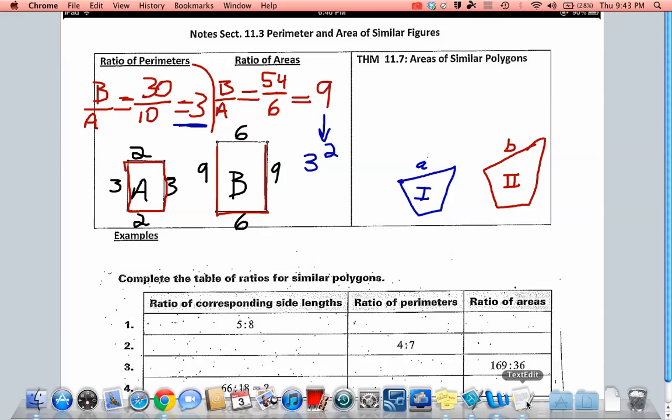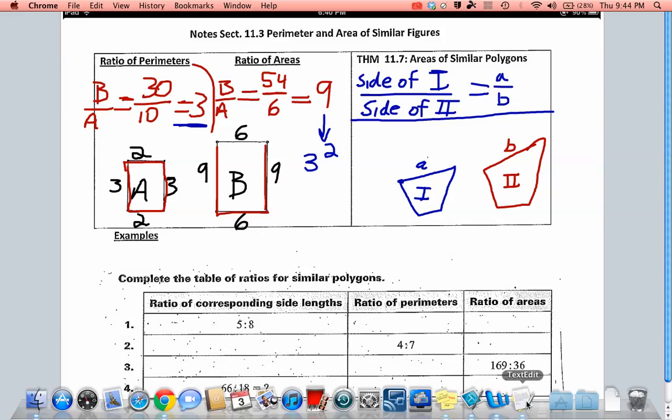The side length of figure 1, divided by the side length of figure 2, is going to be little a to little b.